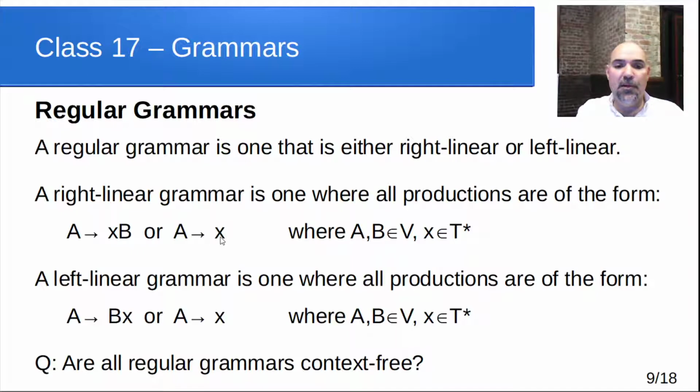It's either no variables and just terminals, or a string of terminals followed by a variable. And left linear, as you can guess, is the same concept, except for a left linear grammar, it's always a single variable producing a single variable followed by a string of terminals, or a single variable producing just a string of terminals. So in other words, we've just moved the variable from the end to the beginning.